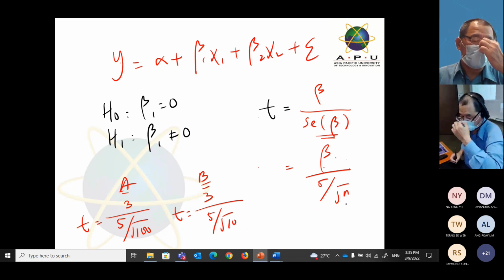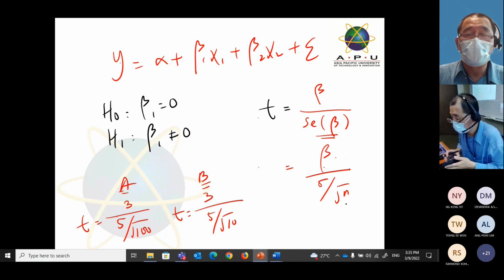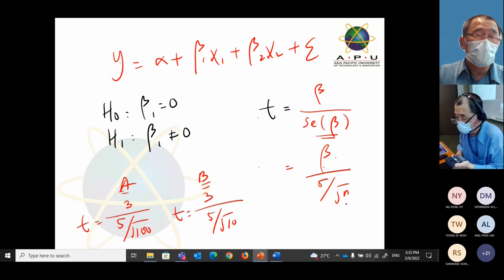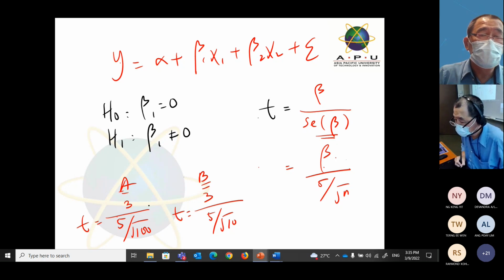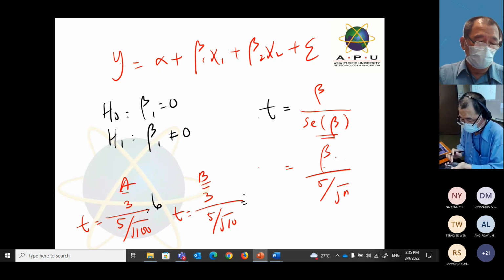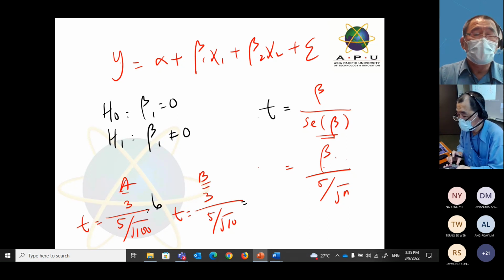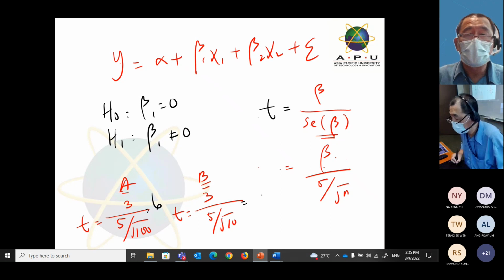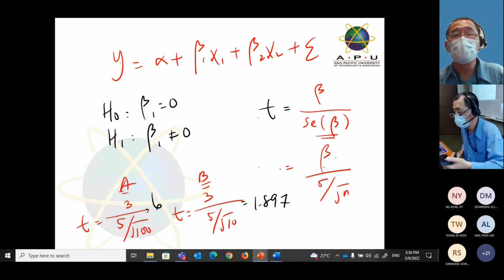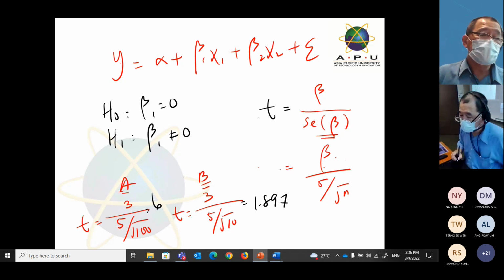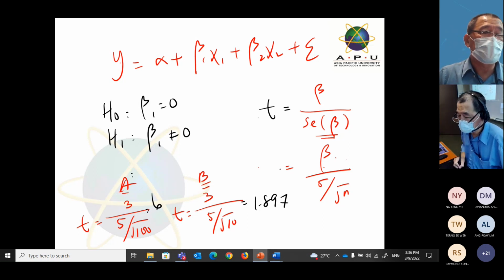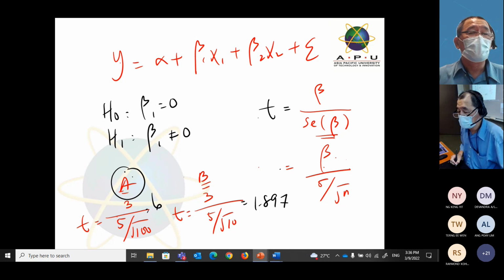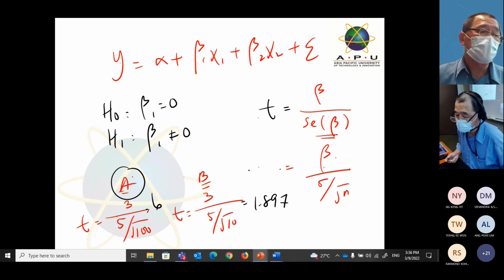For A, 5 over 10 is 0.5, and then 3 over 0.5 gives 6. For B, 5 over the square root of 10, and then 3 over the answer gives 1.897. The test statistic for A is larger, therefore it's easier for A to reject the null hypothesis. For B it is smaller, so it's not easy to reject the null hypothesis.